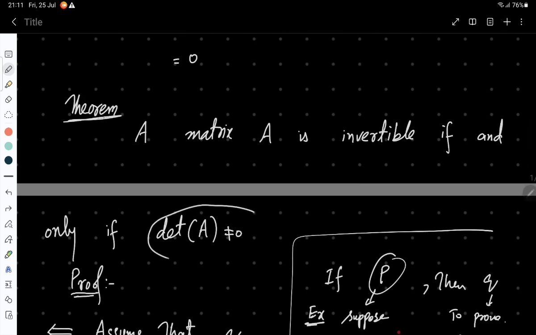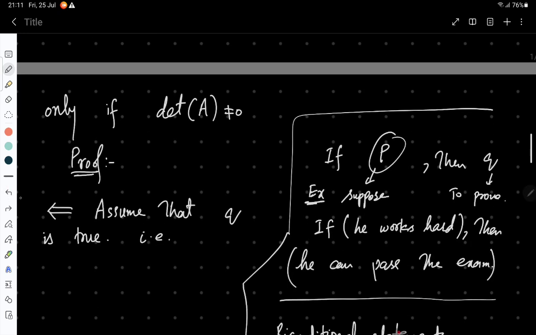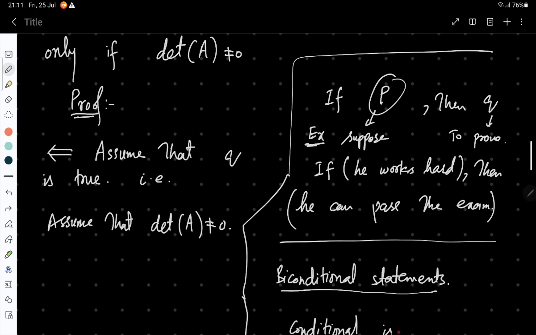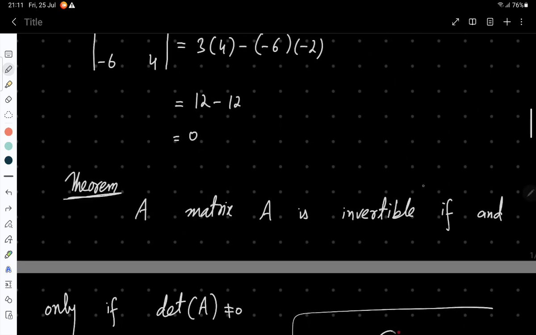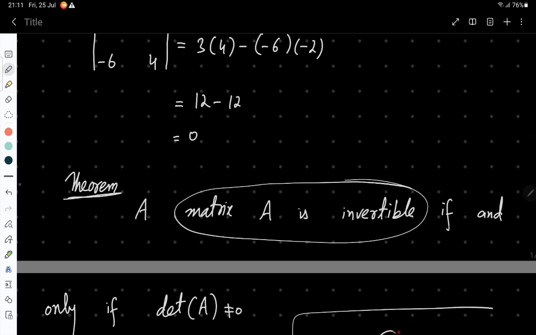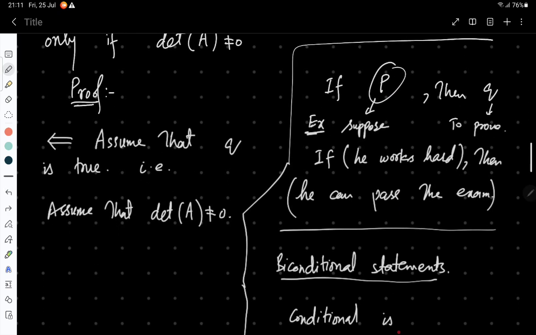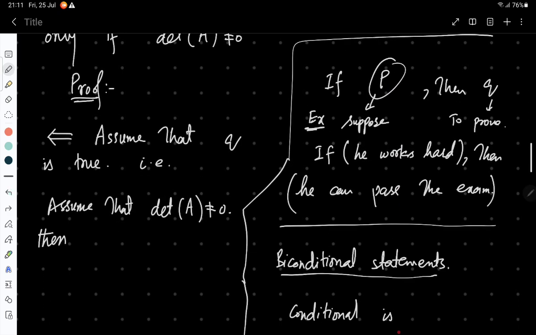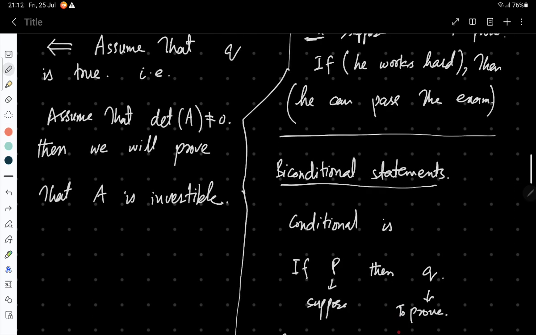Q is determinant of A is non-zero. So what do I have to prove now? I have to prove that P is also true, that A is invertible. P is true means A is invertible.